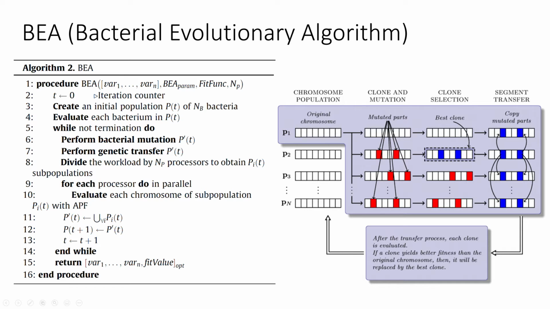After so many bacterial mutations, we can define a room so that we can evaluate how good the separate bacterial clusters are. For example, we can define this cluster using our standard or criteria.